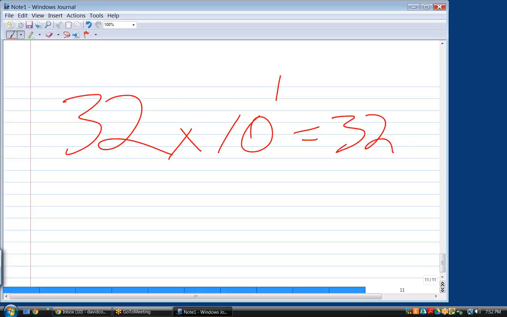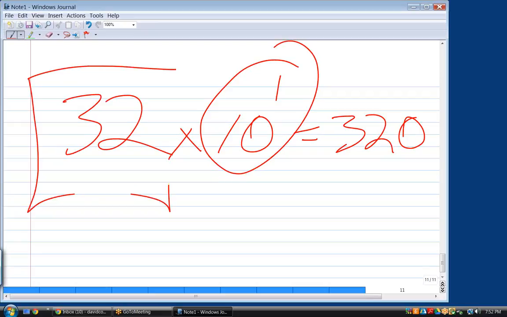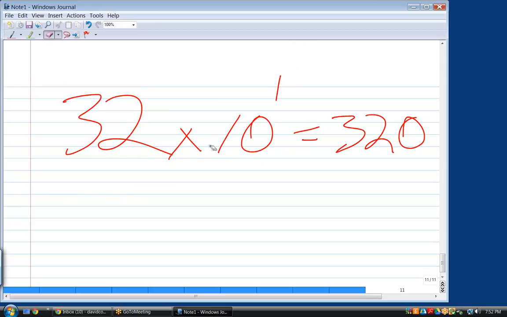In other words, there's nothing magical about scientific notation. You know exactly what this number is, and you can multiply it by that number. The only thing magical about scientific notation is this number has to be between 1 and 10. The way I have written this number is not scientific notation.